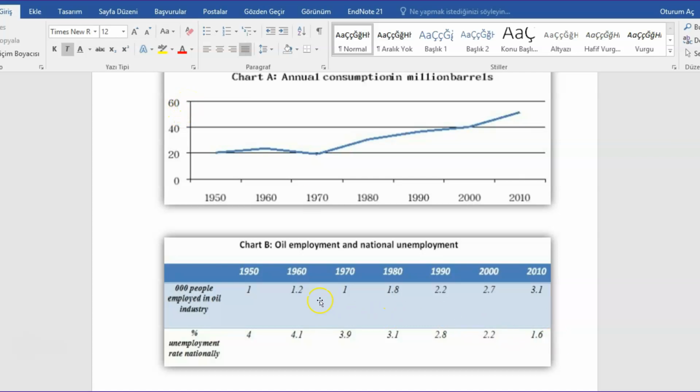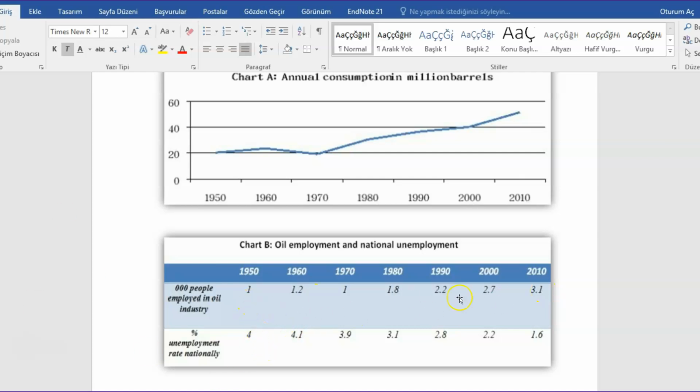Okay, and regarding 1,000 people employed in oil industry, employment and unemployment from 1950. Actually, we see some fluctuation here, but after that we see a growth pattern, right?